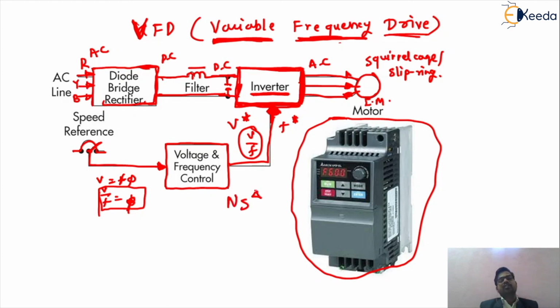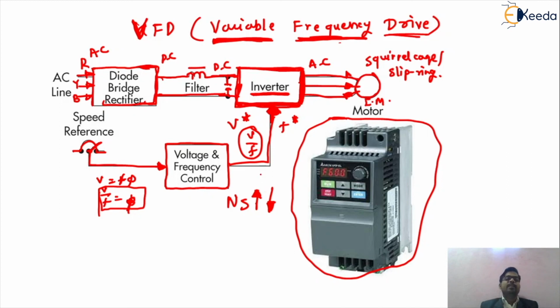If you want speed control above the synchronous speed and below the synchronous speed, this strategy will be possible. We just have to change the value of the voltage and frequency, by which we can get speed control above and below the synchronous speed.